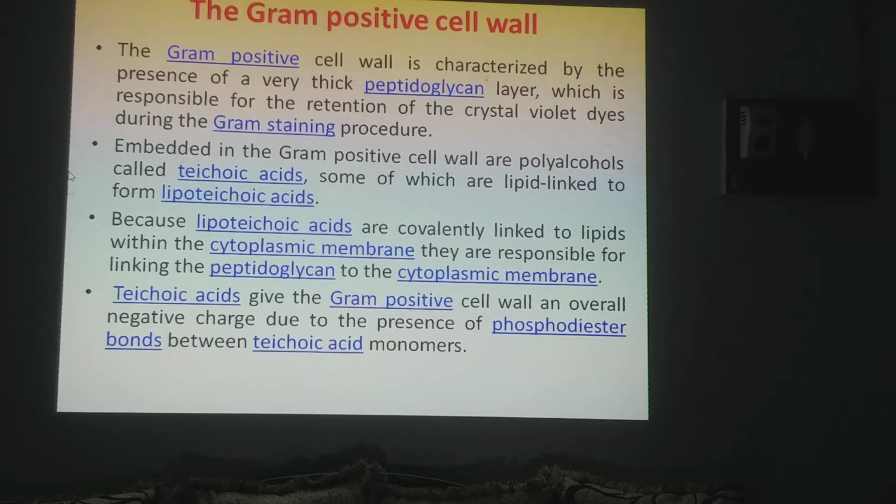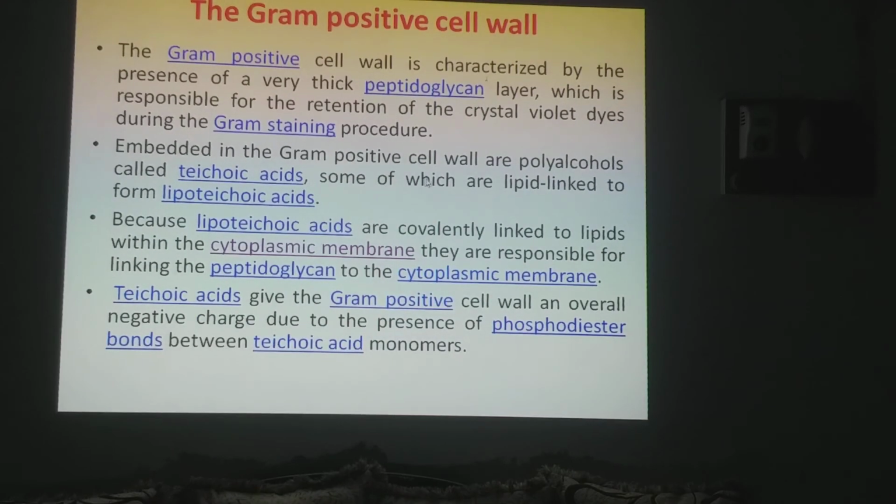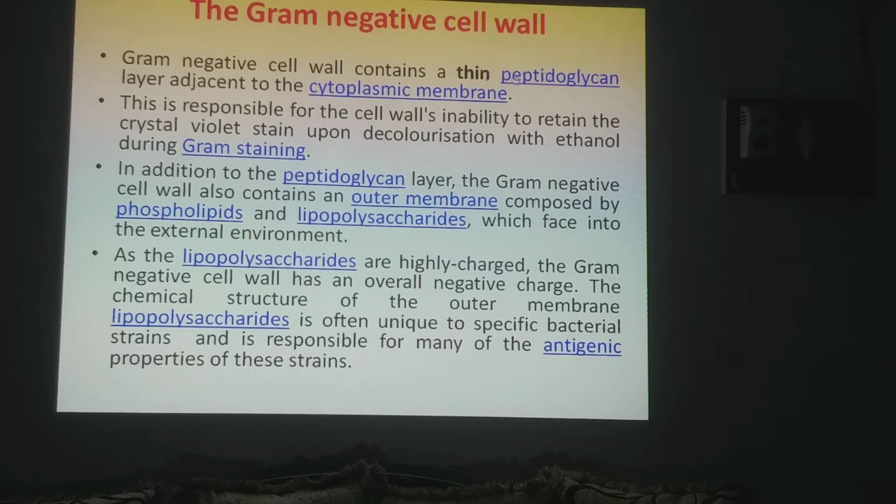So this is the summary of the gram-positive cell wall, whereas the gram-negative cell wall contains thin peptidoglycan material, and in addition to the peptidoglycan layer, a very thin layer, it also contains the outer membrane.